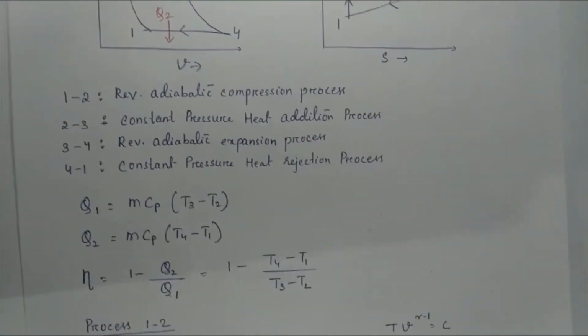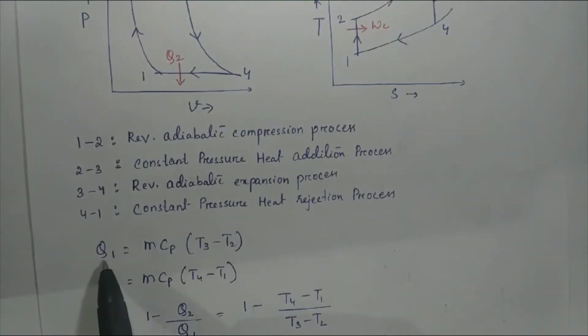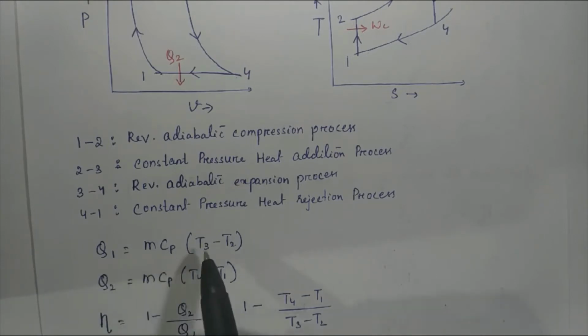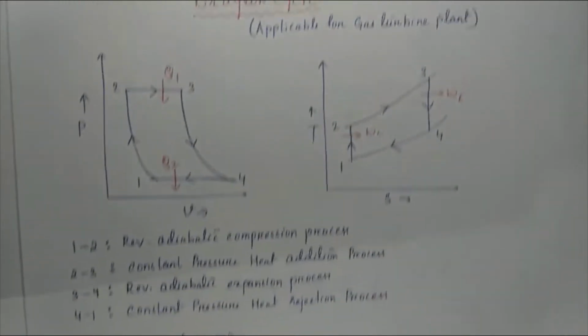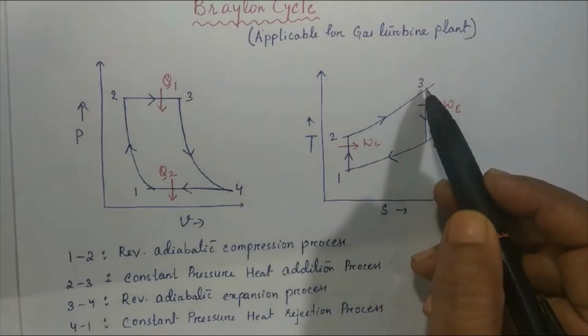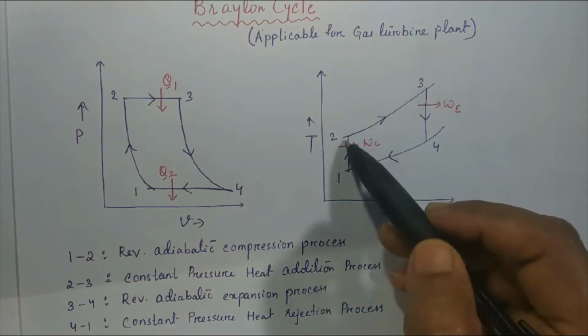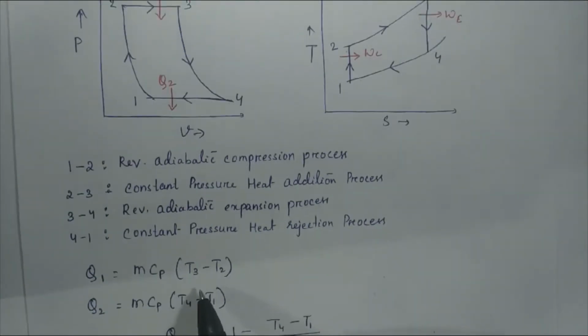Now we express Q1. Q1 is equal to m Cp del T. Del T is the change in temperature, and as heat is added, the temperature changes, so we consider T3 minus T2.